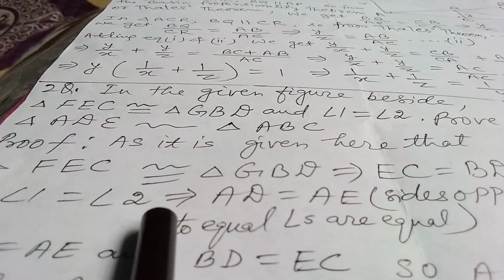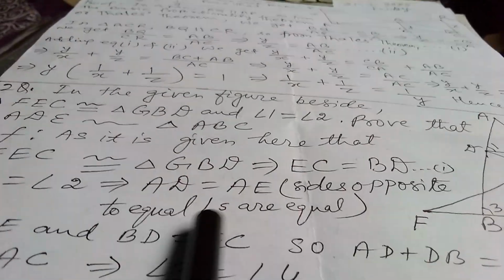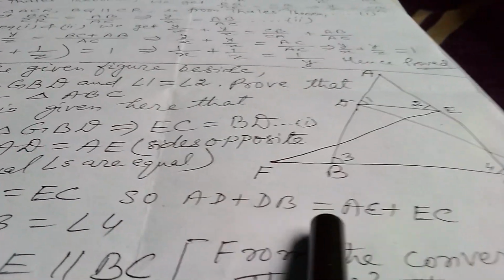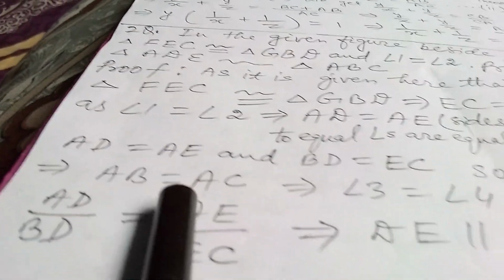This is the first equation we get. And as angle 1 equals angle 2, this implies AD equals AE, because sides opposite to equal angles are equal. So AD equals AE and BD equals EC. So AD plus DB equals AE plus EC, and this implies AB equals AC.